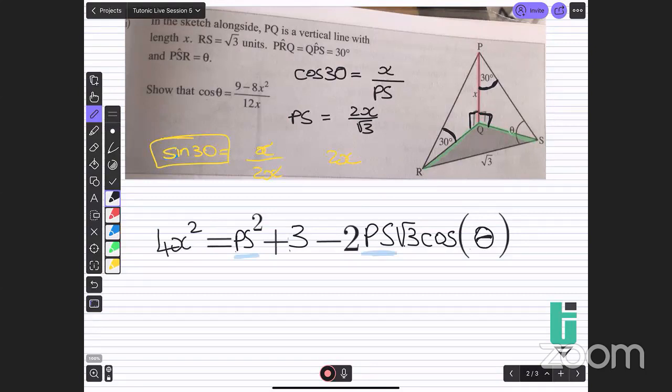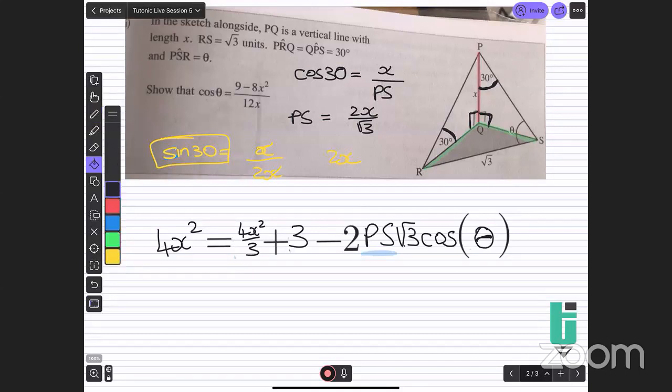And PS squared? It's a bit of a tough one. What's PS squared? 4x squared over 3. Yeah, 4x squared over 3.